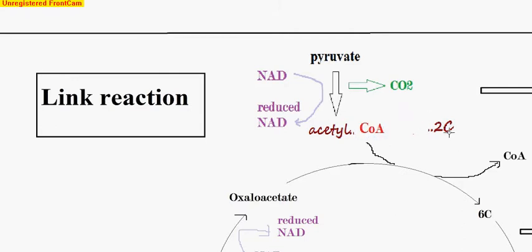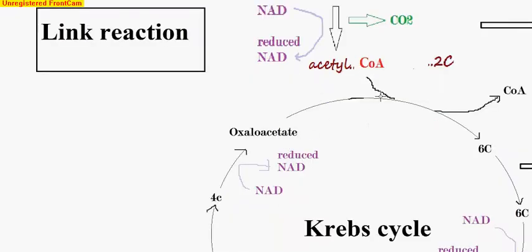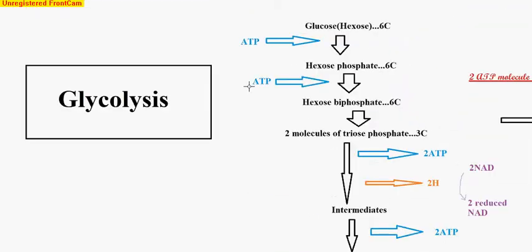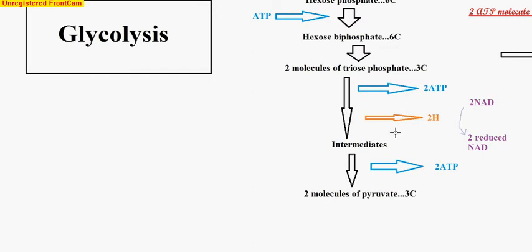So from pyruvate in the link reaction we get acetyl coenzyme. This is the final product of the link reaction, and we get a reduced NAD and one molecule of carbon dioxide.